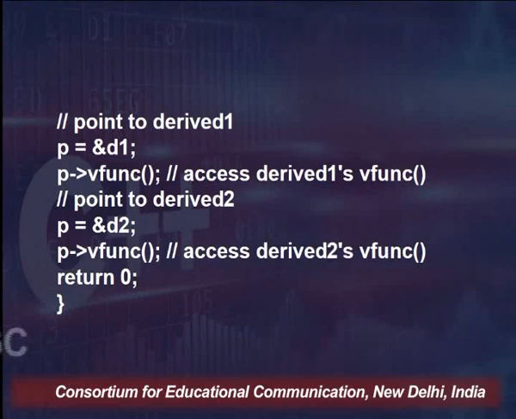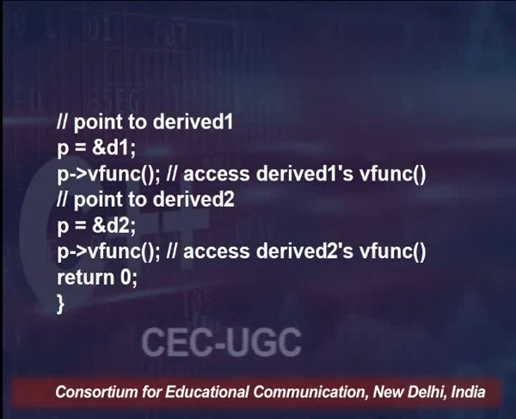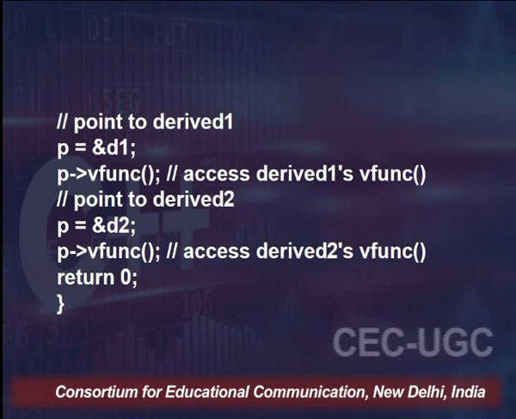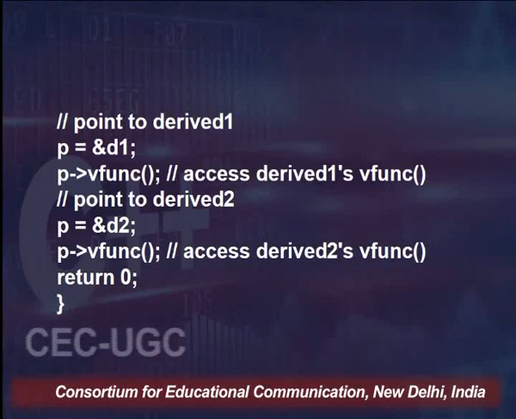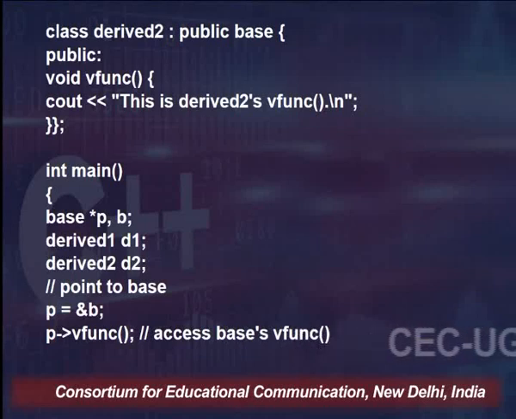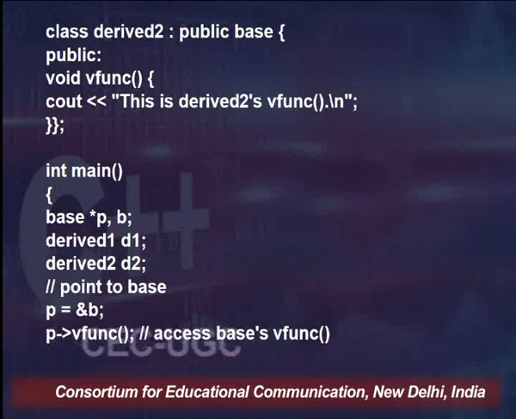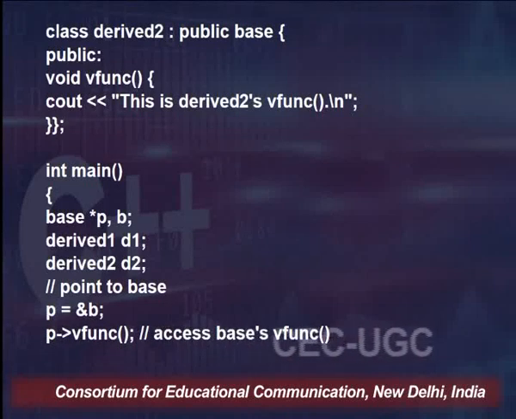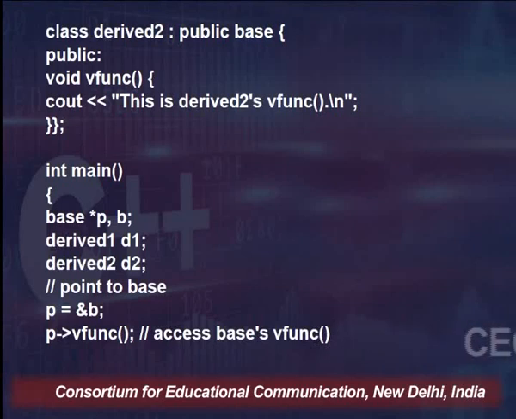A similar exercise is repeated for the address of the object of derived 2, p is equal to ampersand d2, and then we have accessed vfunc one more time. So initially when we started with p is equal to ampersand b and tried to access the virtual function, it is accessed from the base class, the base class virtual function is accessed.